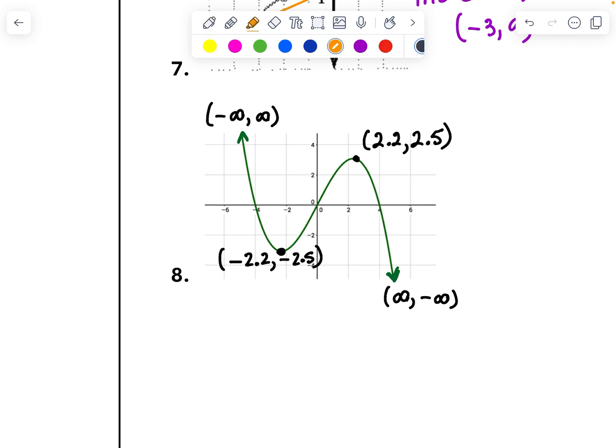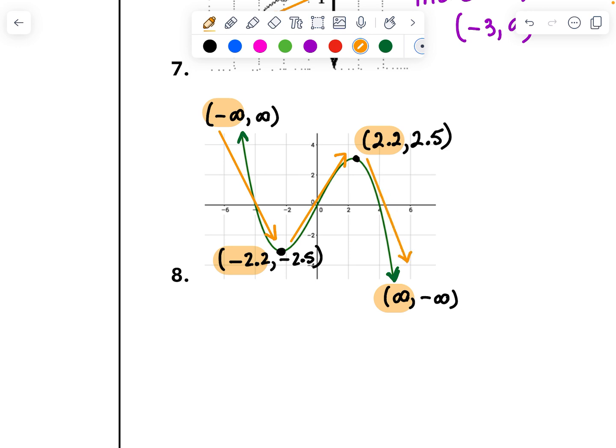And then I'm going to make note of my x values only. And I'm going to notice that my graph is decreasing until it hits here. Then it is increasing until it hits here. And then it is decreasing again when it hits here.